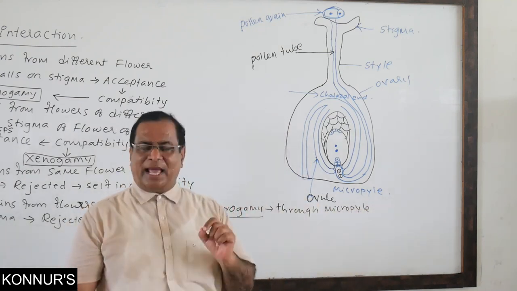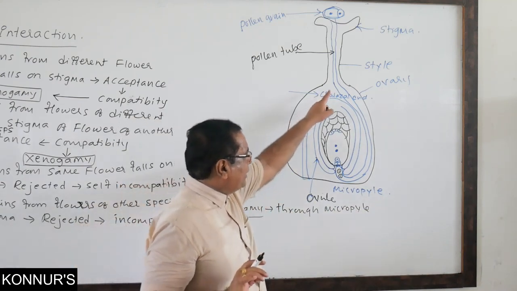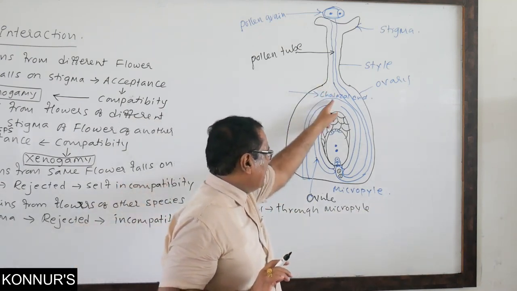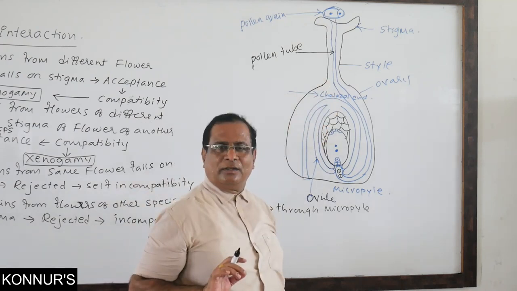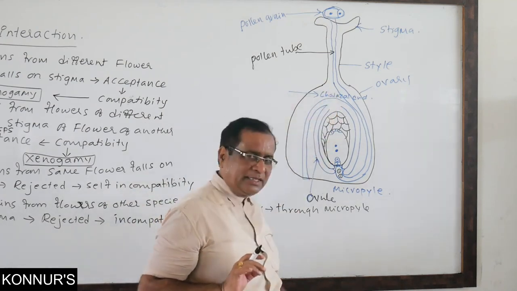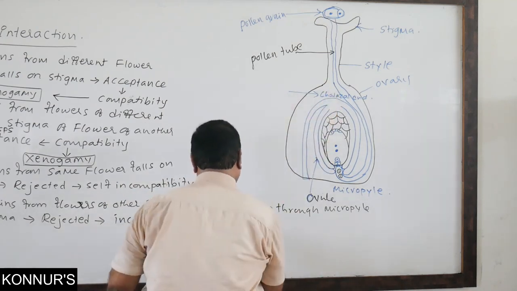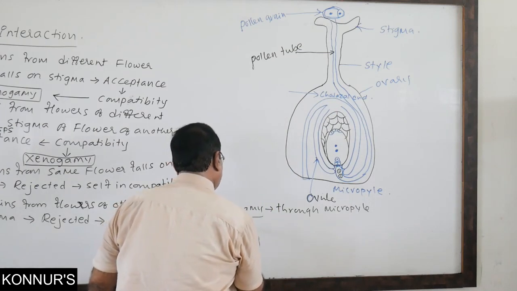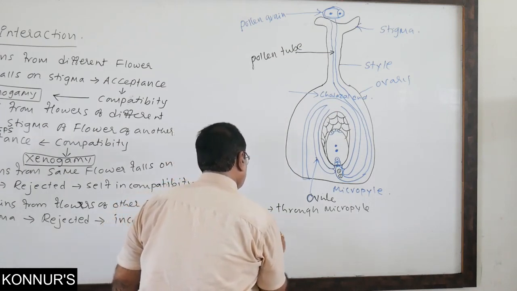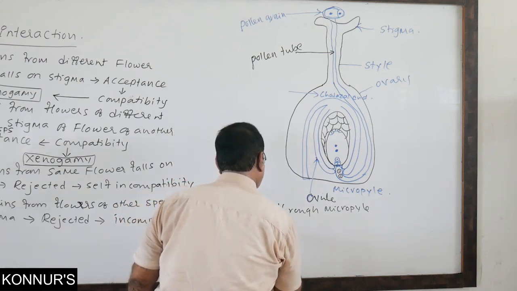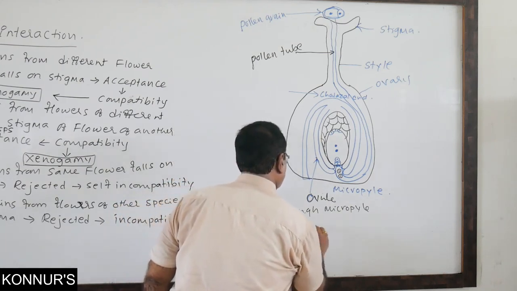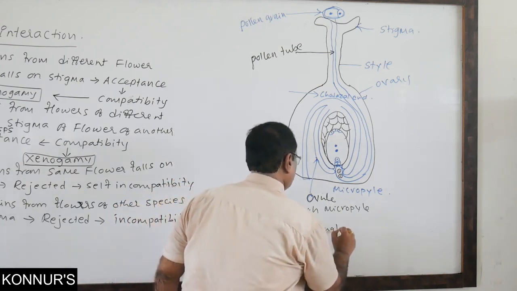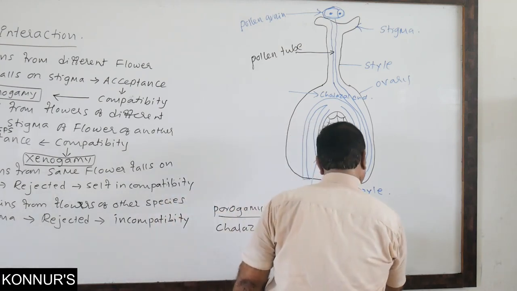Sometimes in some plants the entry of this pollen tube is through the chalazal end. It enters through the chalazal end. That is said to be chalazogamy. Here it is through the chalazal end.